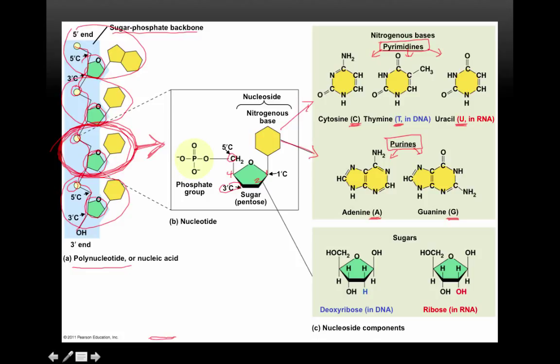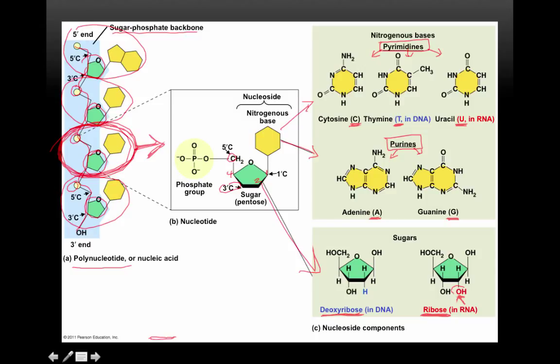The pentose sugar can be deoxyribose if we're talking about DNA, or ribose if we're talking about RNA. And these pentose sugars are identical except for this oxygen on the second carbon atom.